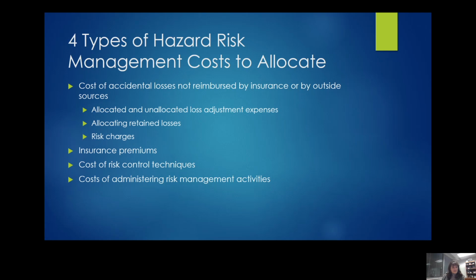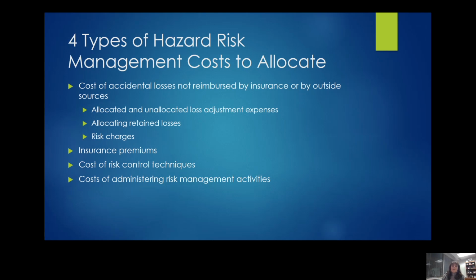So you want to design a system that helps you figure out how to allocate these costs. And you don't have to have one system to meet all of these exposures. For example, it may make sense that insurance premiums are allocated with one method, but when we get down to the cost of risk control techniques, those are easier aligned with the department or subsidiary that actually implemented them.